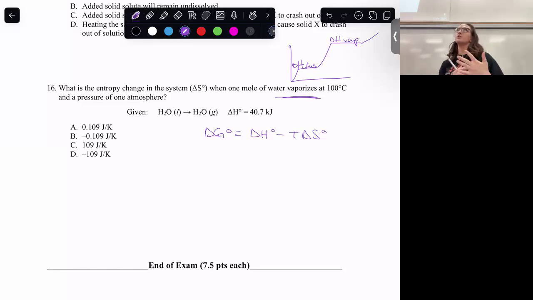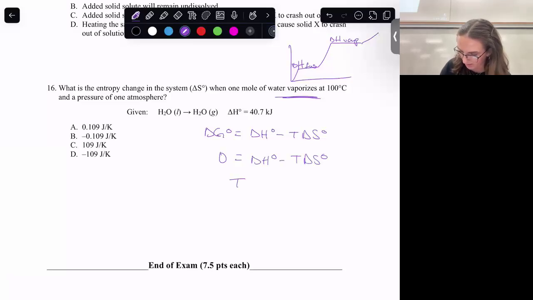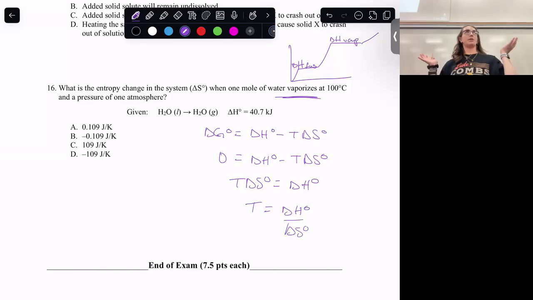So if we're at a phase change and we're at equilibrium, what does that mean about delta G? 0. So if 0 is equal to delta H minus T delta S, then T delta S is equal to delta H. So that means that T is equal to delta H over delta S, which is what we've been using, right? That's where this comes from. So we can plug in 100 degrees Celsius, which is what in Kelvin?